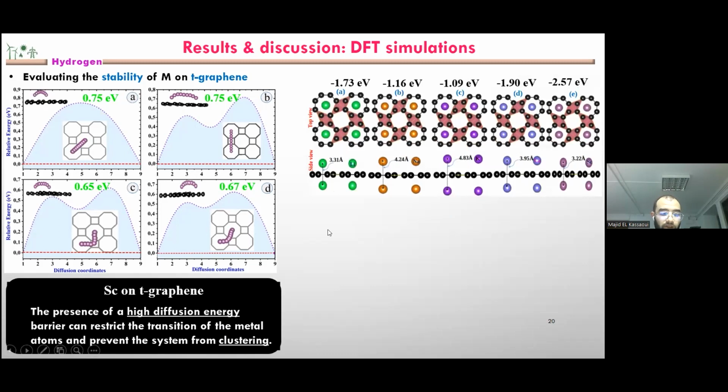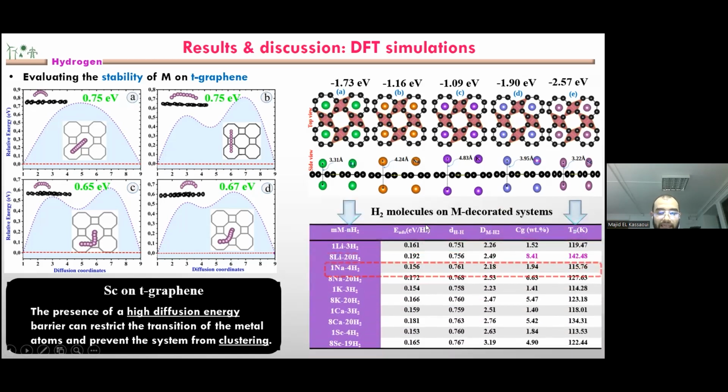Then we can see the binding energy increases with the increase in the number of metal atoms. The decorated elements are still dispersed on the tetragonal graphene without crystallizing. For the maximum hydrogenation, the system reaches saturation at 20H2 for lithium, sodium, potassium, and calcium, and only 19H2 for scandium.